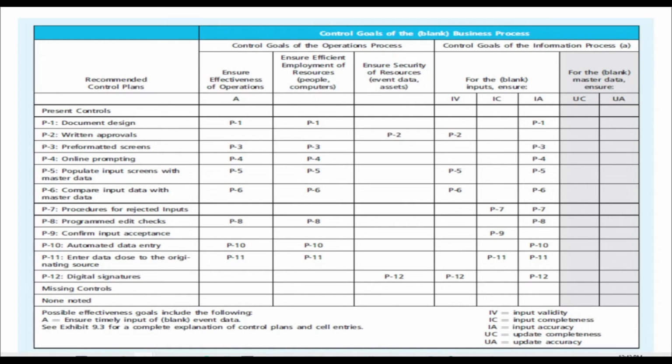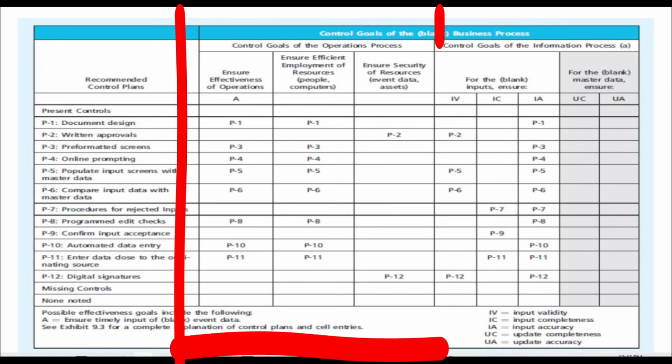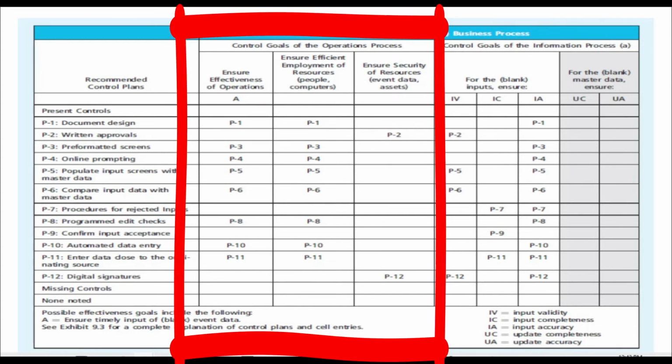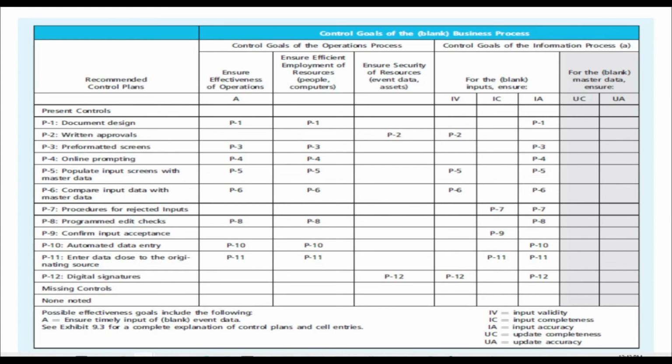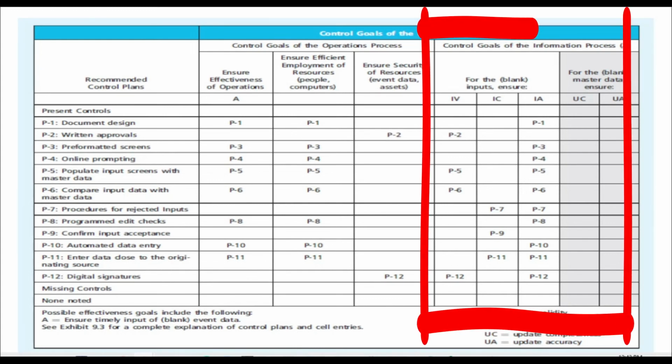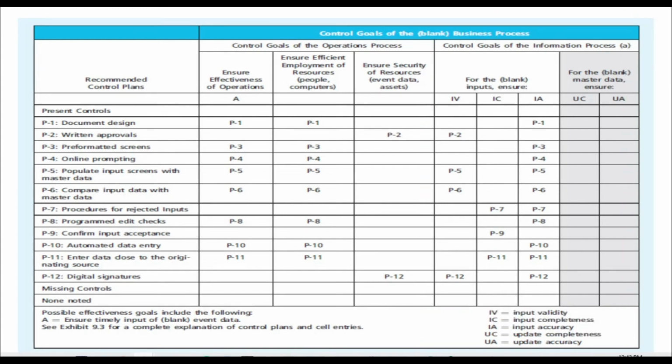They've been shown for the process controls and then for the information process controls: for the enterprise process controls, to ensure effectiveness, efficiency, and security, and for the information process control, validity, completeness, and accuracy.